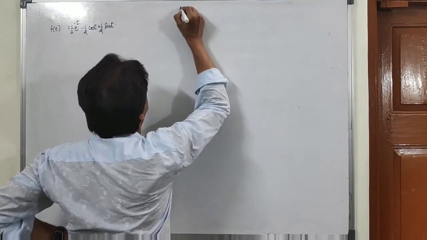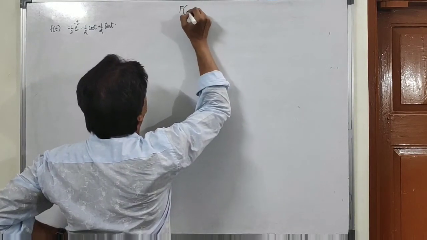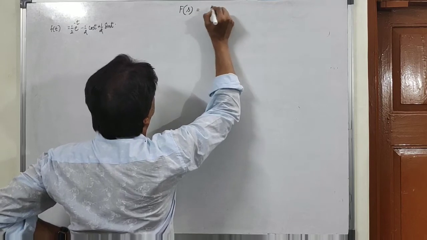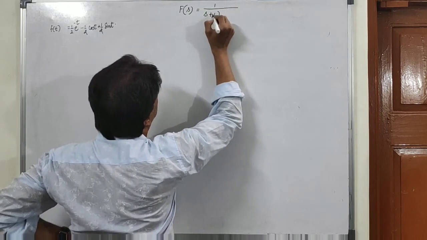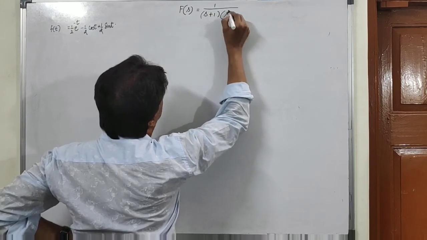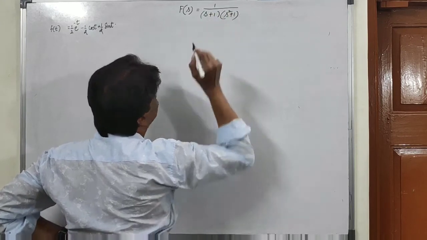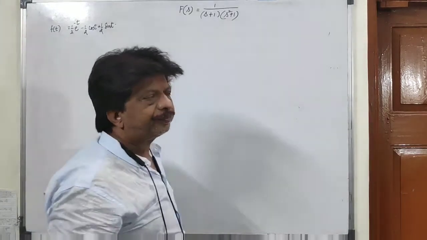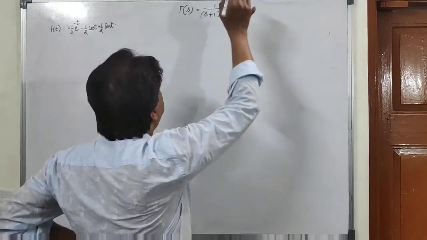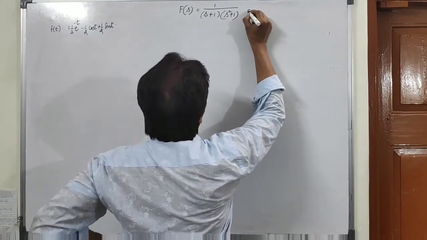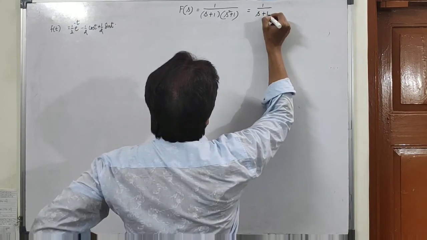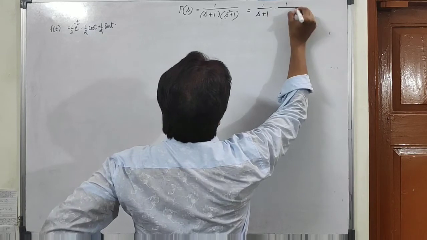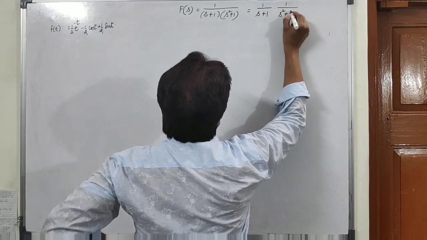F of S is 1 upon (S plus 1) into (S square plus 1). This is a product of two functions: 1 upon S plus 1 into 1 upon S square plus 1.